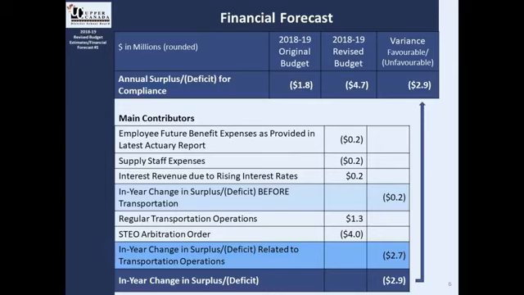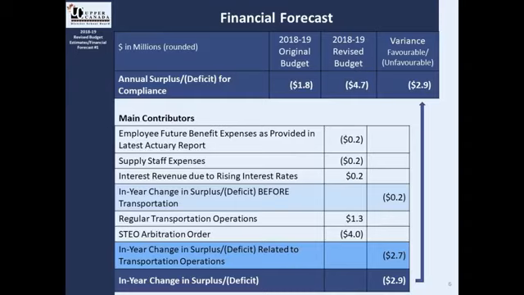The first three lines represent the change in deficit before transportation. So if we look to the first line, it represents employee future benefit expenses, which are determined by an external actuary who incorporates updated actuarial assumptions such as interest rates, salaries, and mortality rates, and that's done as of October 2018.